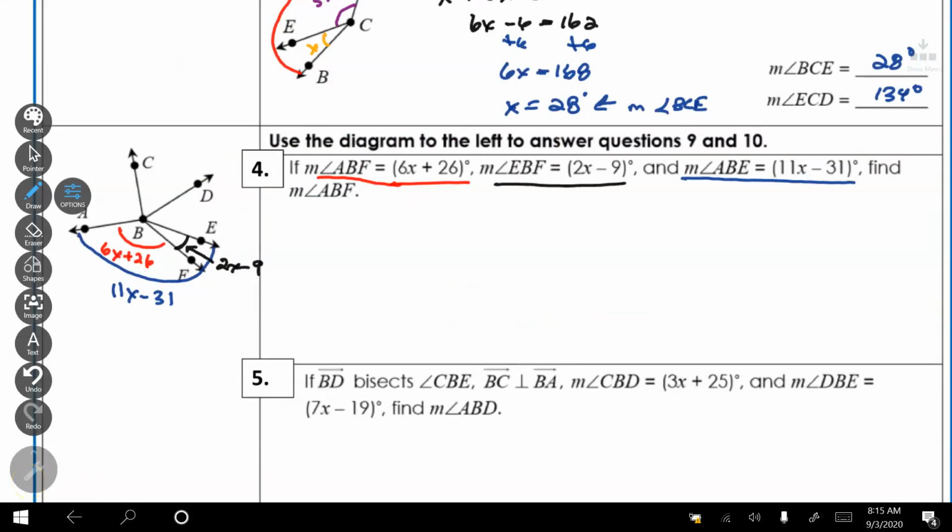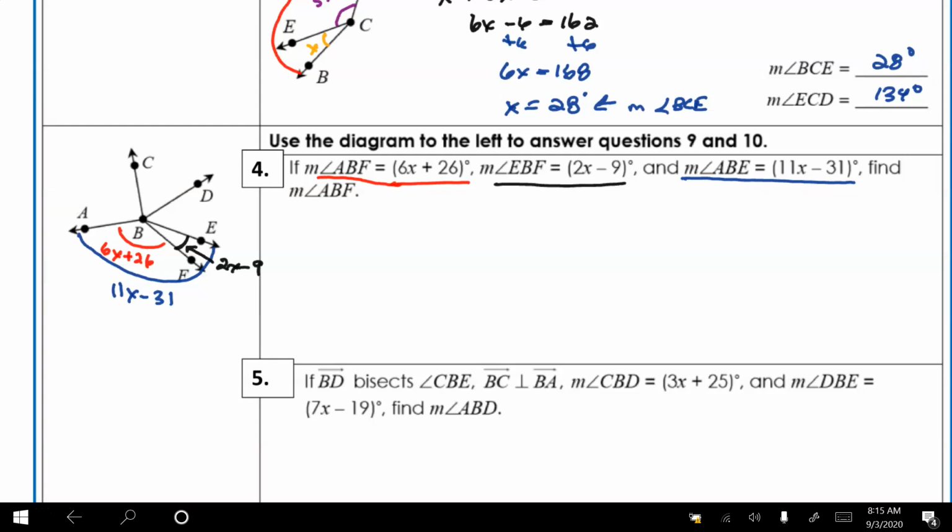So I've labeled my diagram. The big angle, in this case ABE, is 11x minus 31. The smaller interior angle inside is 2x minus 9 in black, and the bigger one in red is 6x plus 26.